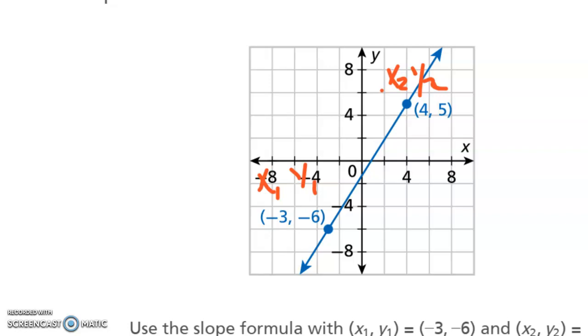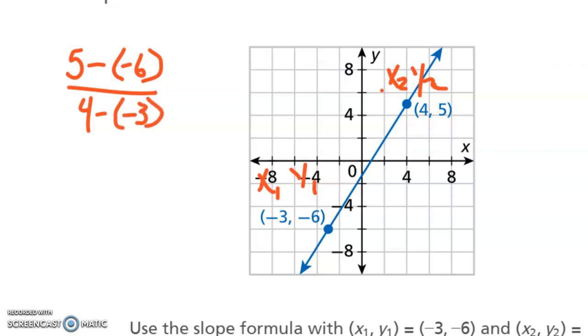All right, so I'm just getting used to this new pen here. So let's do y2, which is 5, minus y1. And that's going to be over x2, which is 4, minus x1, which is negative 3.